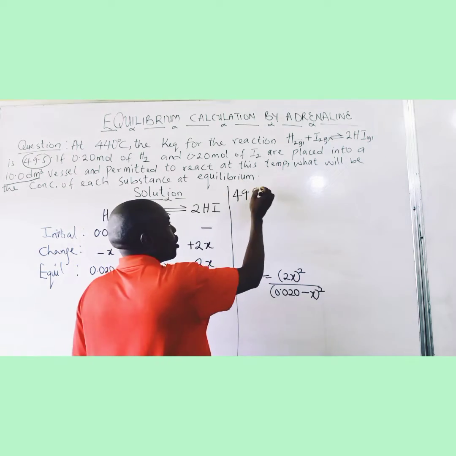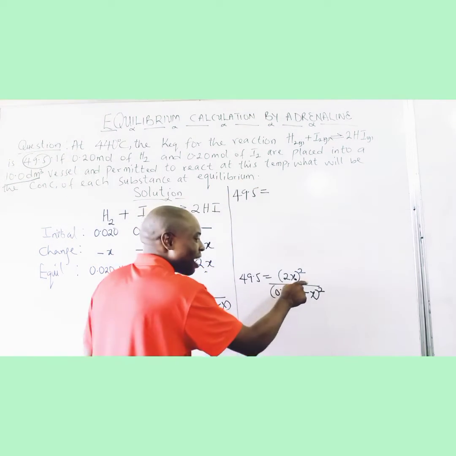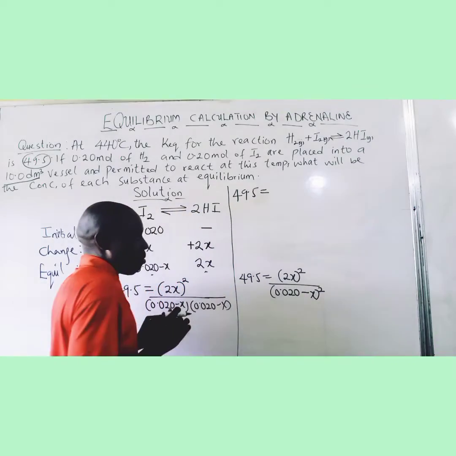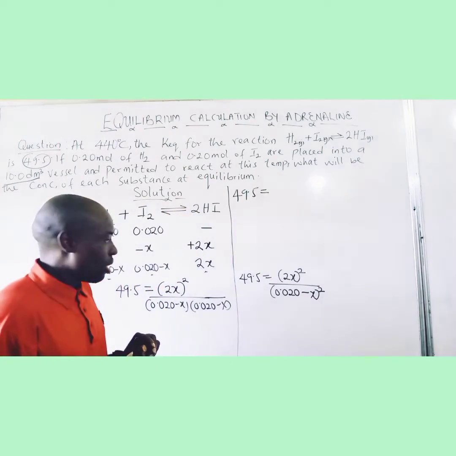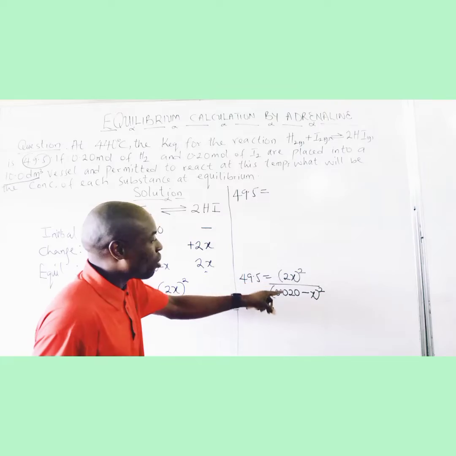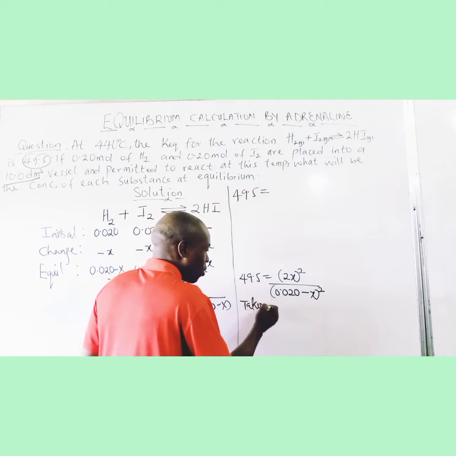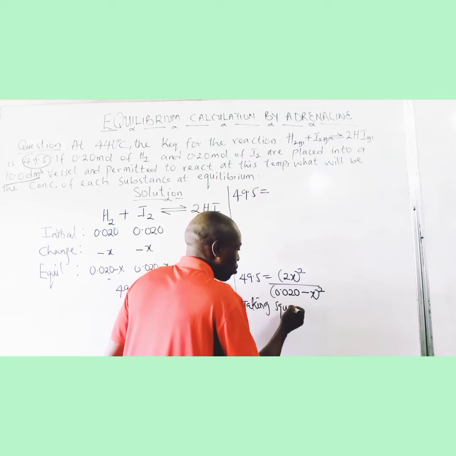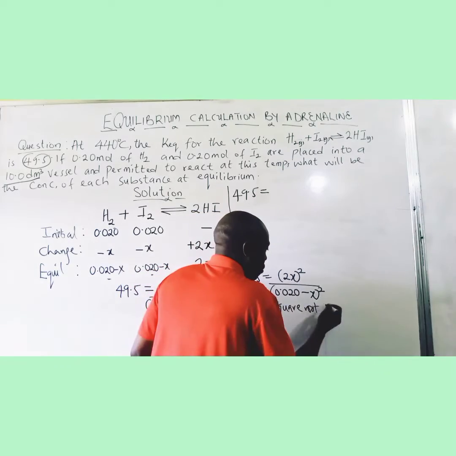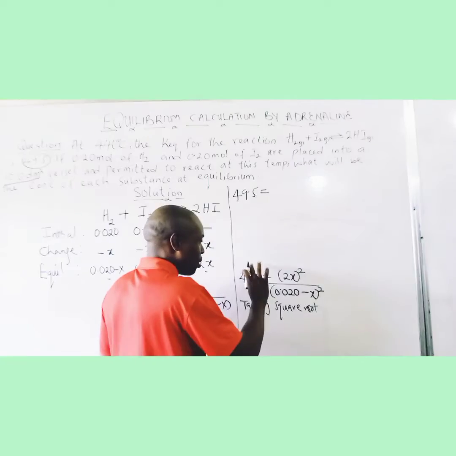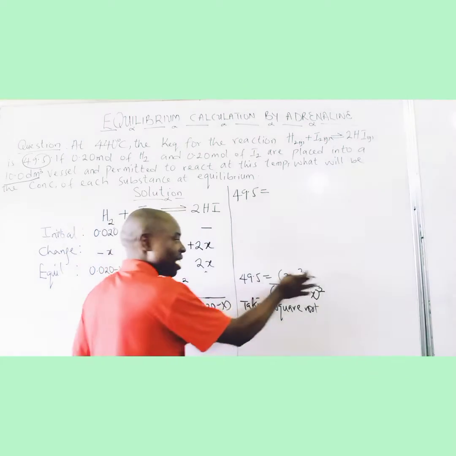49.5 is equal to... I can write this in another format by taking the square root of the left hand side and the right hand side.